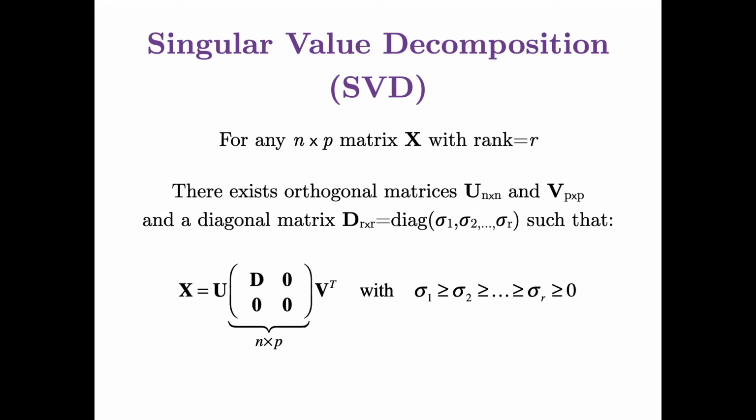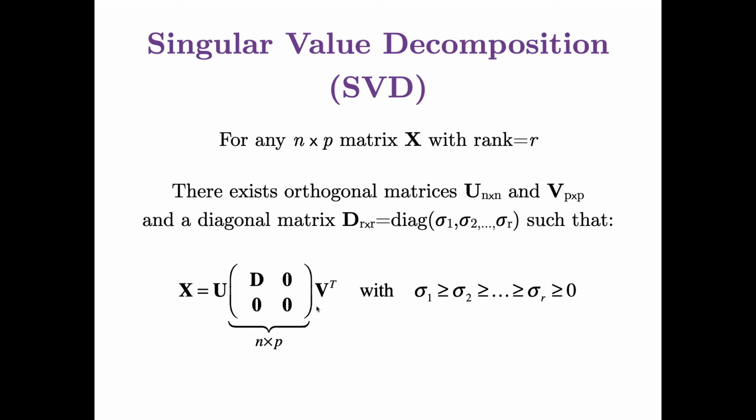Okay, so for any matrix X, there exist orthogonal matrices U and V, and a diagonal matrix D that has diagonal elements called sigma 1, sigma 2, up to sigma R, such that X, again, this would be our data matrix, is equal to U times this diagonal matrix padded with zeros times V transpose.